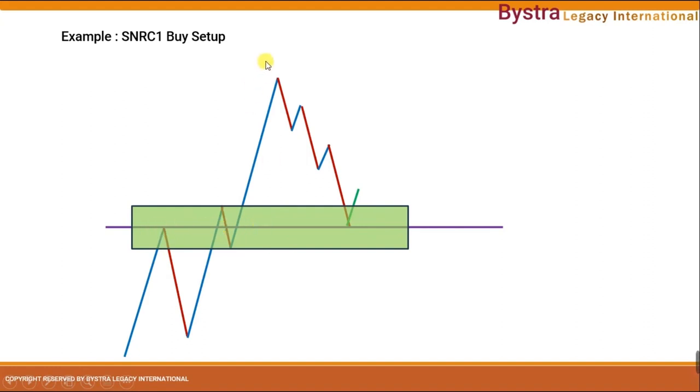Now price comes back to this entry point, reacts, and then continues on the uptrend. Normally, we will set our take profit at the previous high. However, for the price to go all the way to our take profit area, it will be facing some roadblocks, some difficulties. Therefore, its life is not going to be as simple as it seems. It will be facing some challenges along the road.